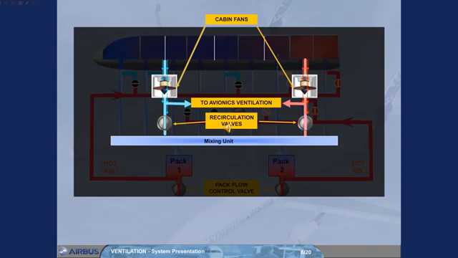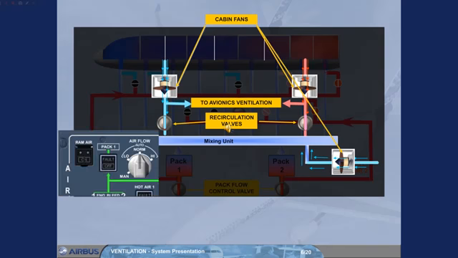The recirculation valves will partially close when both packs are off in order to ensure sufficient airflow to the avionics system. On a 340-600, a third cabin fan blows air to the mixing unit. All cabin fans run at a variable speed according to air management system demand, except when the airflow selector is set to man.